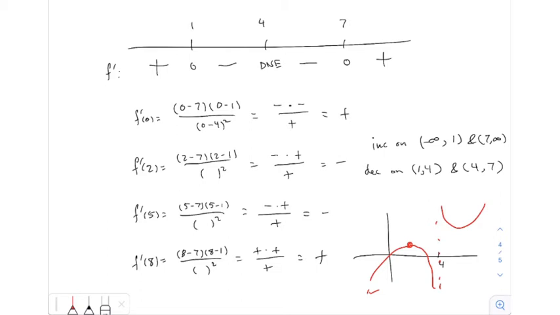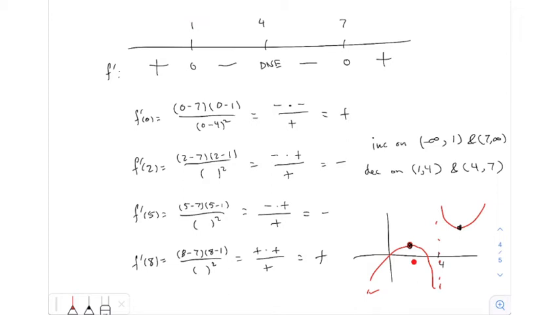Looking at the picture that I just drew, you may gather that this increasing, decreasing business also has a lot to do with the relative extrema. Remember the relative minimum and maximum points? Like in this picture, they would be here and here. In fact, they would be these numbers, 1 and 7.